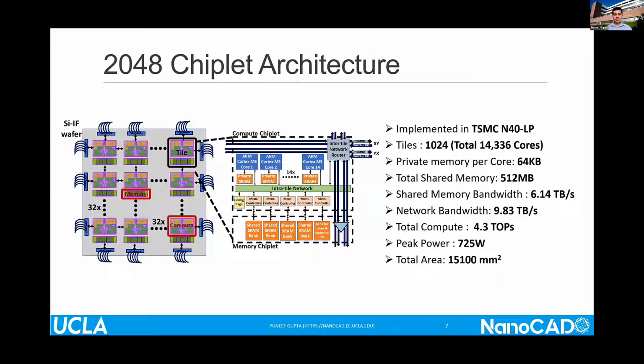Total area is about 15,100 square millimeters. The peak power for the system, I estimate, because we are using somewhat lower power ARM cores, is about 700 to 800 watts. And this number is important to understand our design choices coming in the future. If this number was 7 kilowatts, we wouldn't have made those same design choices, obviously.